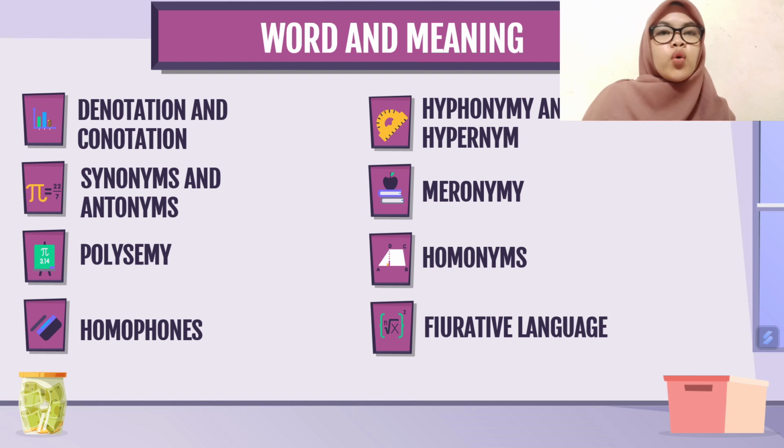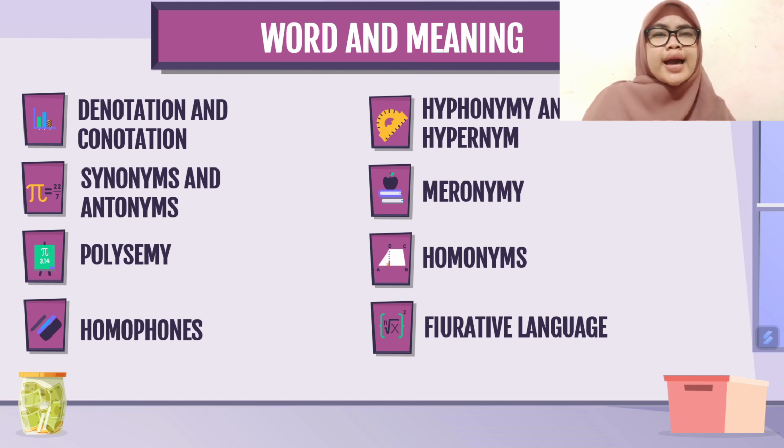For example, the word home has a denotation of a place where someone lives, but its connotation includes warmth, comfort, and family.